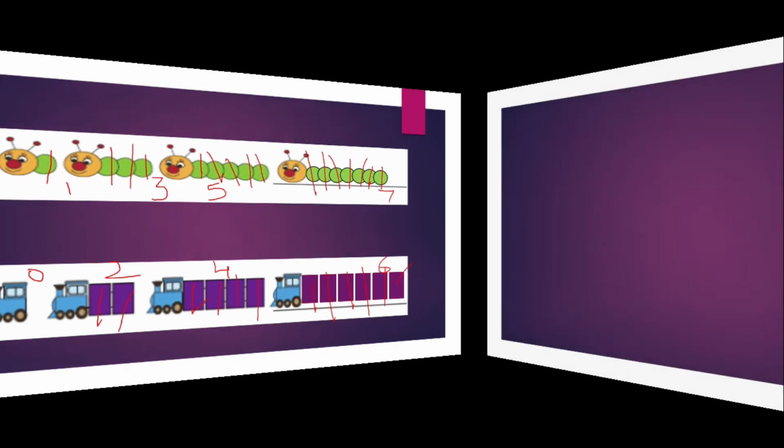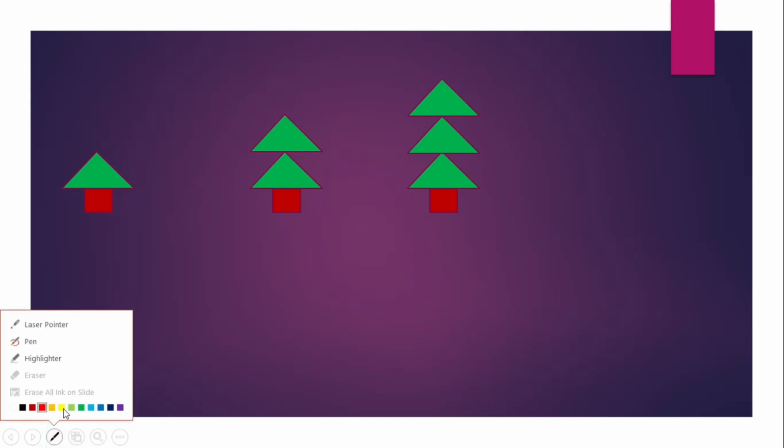See some more beautiful growing patterns. Here I have made a tree using 2 geometrical shapes, a square and a triangle. You can see, children, that one square is the base of each tree, but in the first tree we have one triangle, a green one, and in the second tree you have 1 and 2 triangles, and in the next one you have 1, 2 and 3.